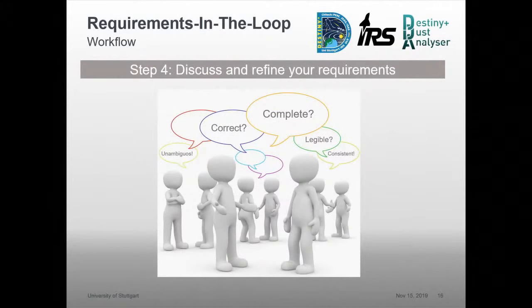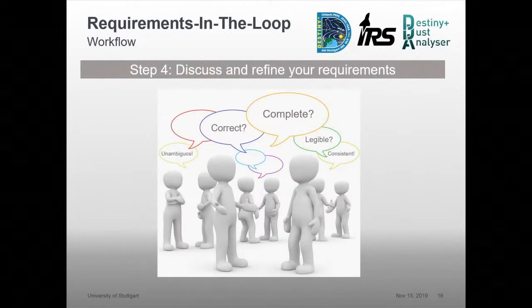The last step, step 4, discuss and refine your requirements. The tools are able to detect if there are some consistency problems in your requirements, or if your requirements are unambiguous, and it can be done automatically.